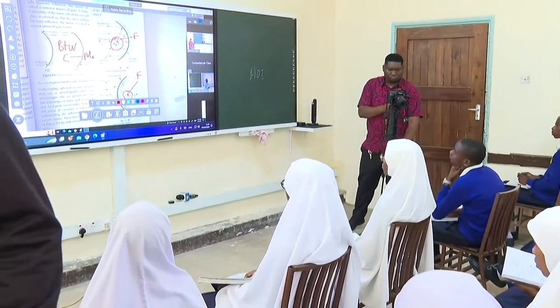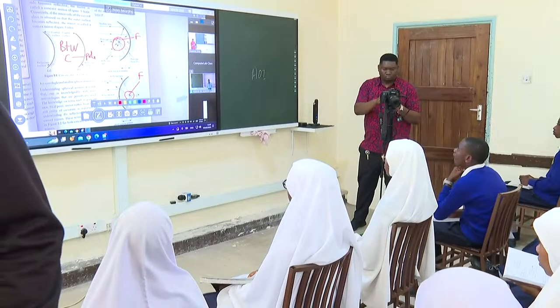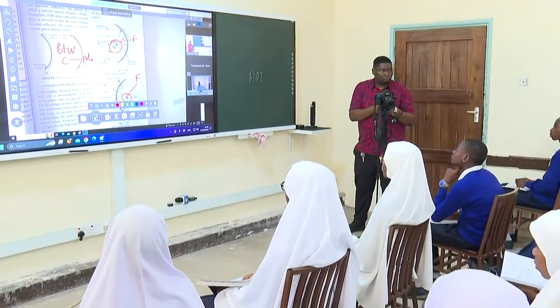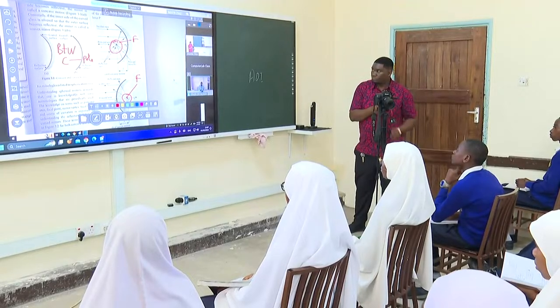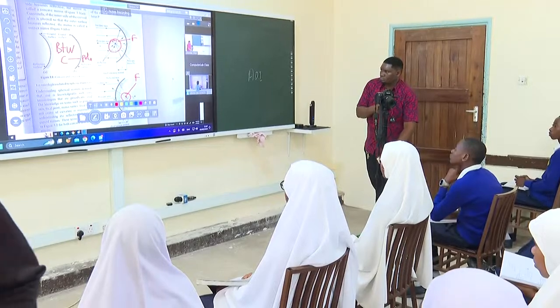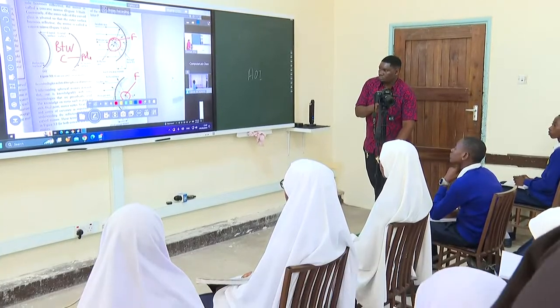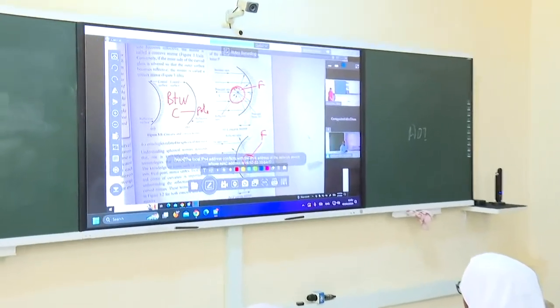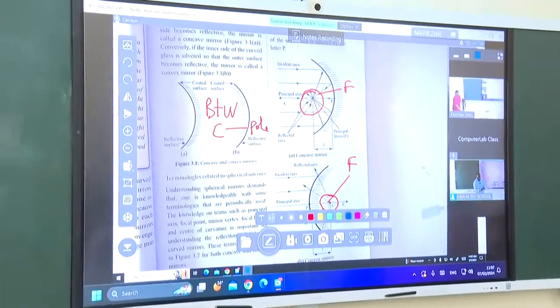Question. Anybody from Kibaha? Does it mean that any point between the center of curvature and the pole is the focal point? Is there anybody who can try by giving another definition?